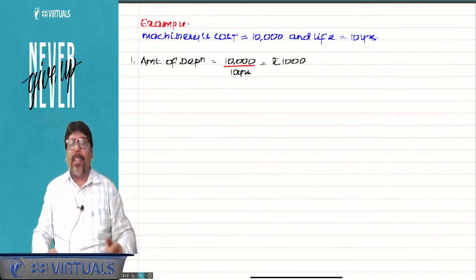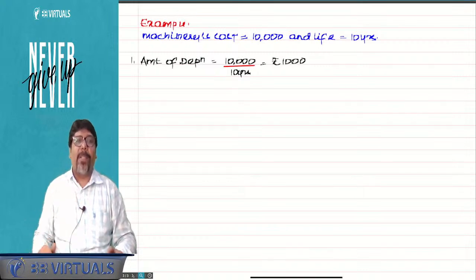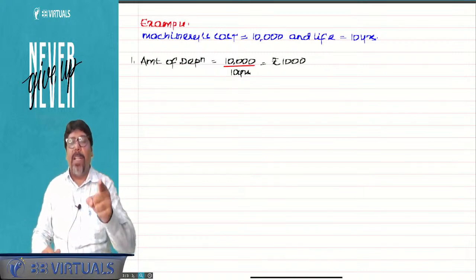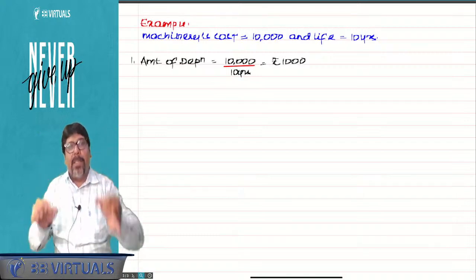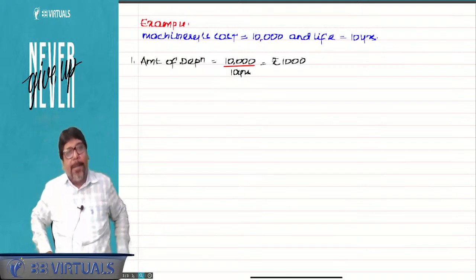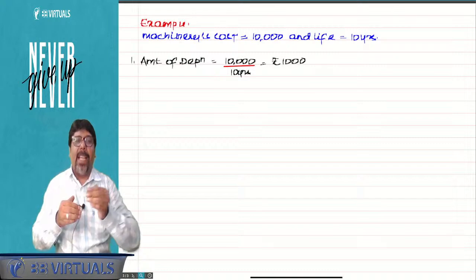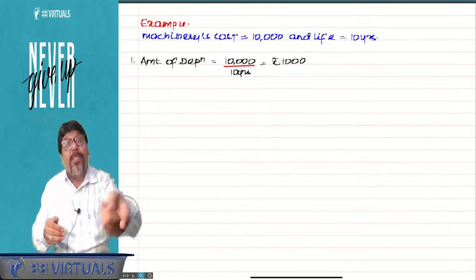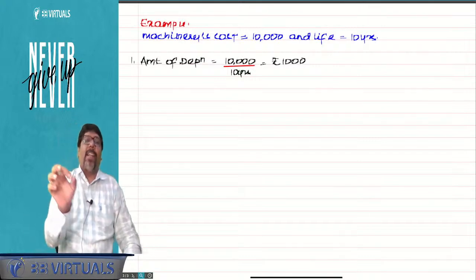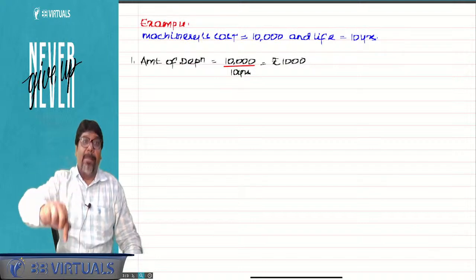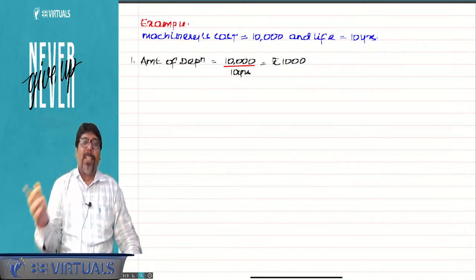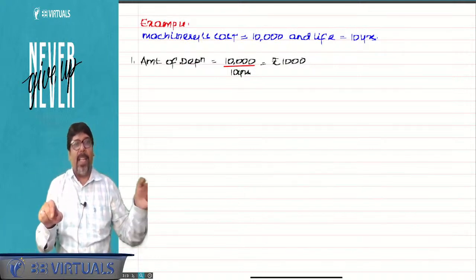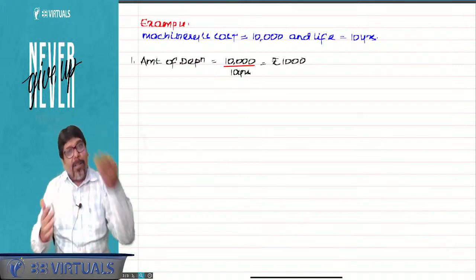Where will you use this asset? In business. For how many years will you use this asset? 10 years. That means, don't you think you are expecting that the business will also be there for 10 years? You are assuming the asset will be there for 10 years. But will the asset be used in the business? Yes, that you have assumed by default. As soon as you say divided by 10 years, and depreciation is for 1 year, that means you are going to use the asset in the business for 10 years. You can use the asset in the business for 10 years only if the business is also there for 10 years.